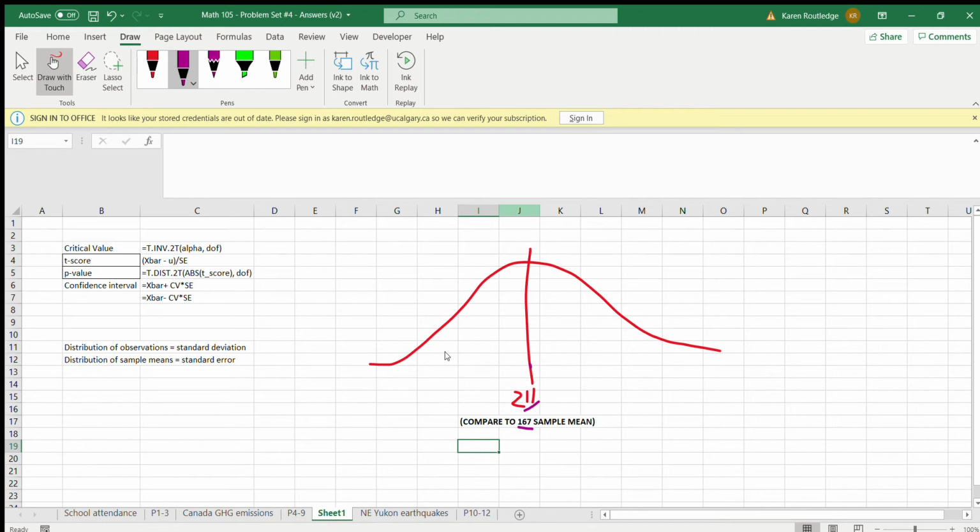So our approach here was to say, well, if a sample is close to 211, then we will accept the idea, we will fail to reject, that the long-term mean, that the population mean, is in fact 211. So we'll go with the idea that it's 211, and if our sample is close to that, then cool, we'll stick with it.